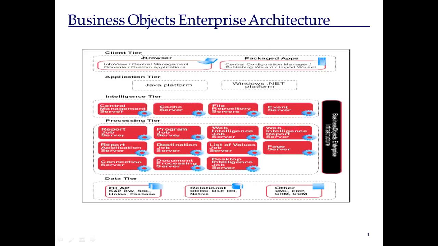The first is the client tier. The next layers are the application tier, intelligence tier, processing tier, and data tier. So what is this client tier? A client tier is nothing but a gateway between your front-end applications and your back-end server.